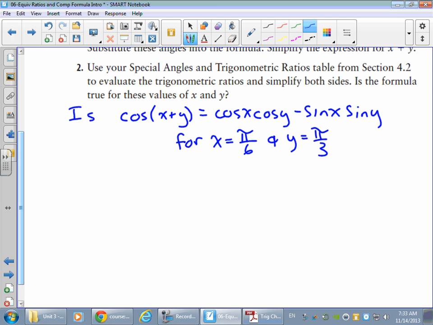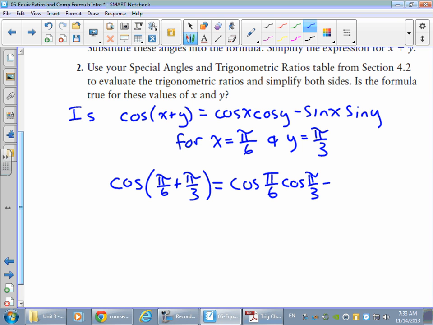The one thing I cannot do is just start plugging in values and put in pi over 6 plus pi over 3 equals, because if in fact the numbers don't work out, if it turns out this is not going to be equal, then I'll have been stating throughout my entire question that this is equal to this, and then I'll plug in some numbers and do some simplification, and I'll get to the end where I get 6 equals 0. And essentially what that means is I've been lying all the way through my solution.